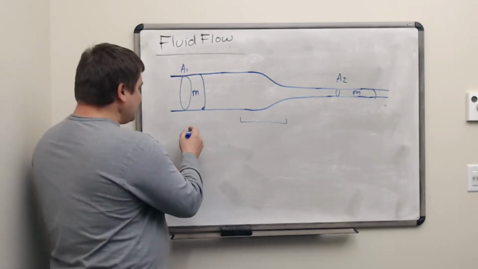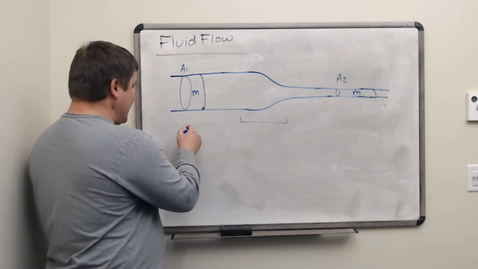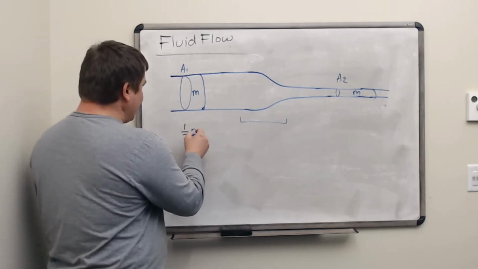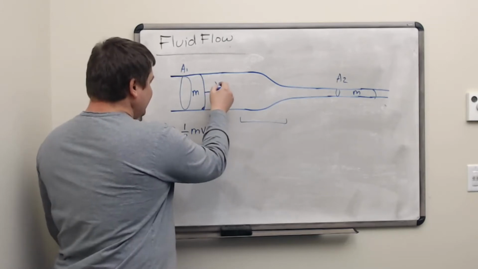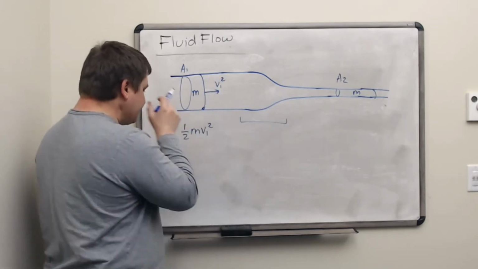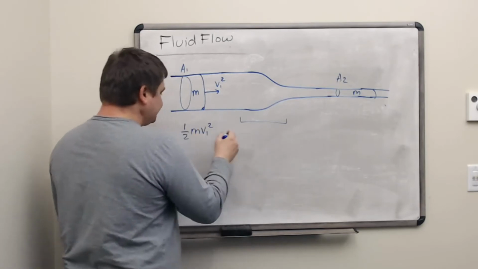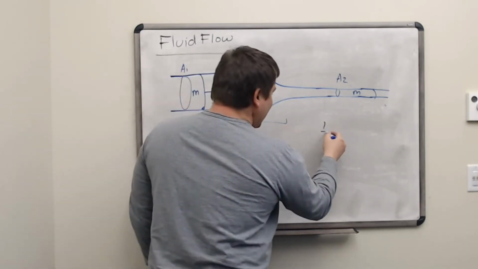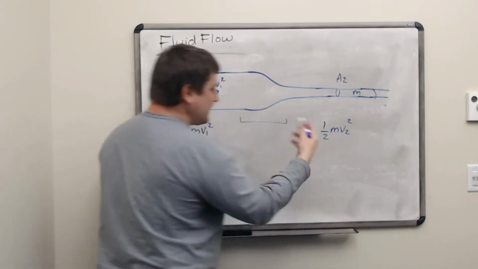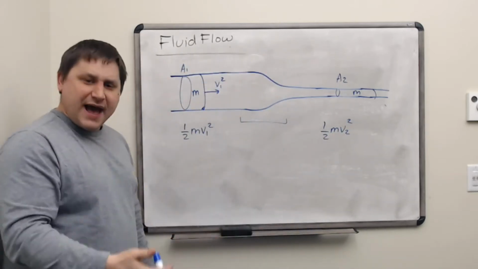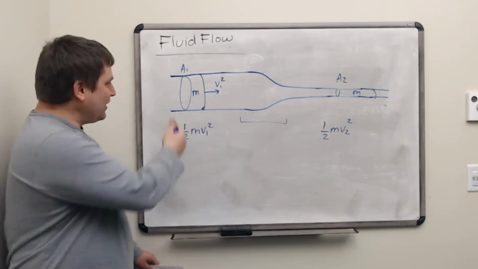Well, we've got some energy here, right? We have some kinetic energy, 1/2 m times the flow velocity, v squared. The mass is actually moving over here. And then over here we have some kinetic energy also, 1/2 m v2 squared. It's the same chunk of mass of the fluid, the same atoms that we watched over on the left.